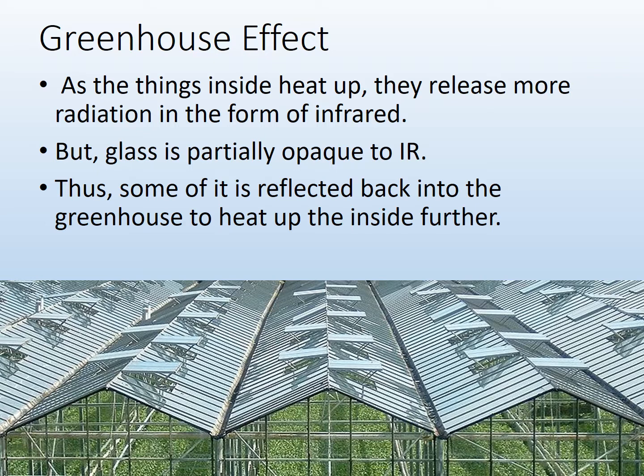As things heat up inside of a greenhouse, they're going to absorb that visible spectrum radiation and then re-radiate that energy in the form of infrared. Now, glass allows visible light to pass through it, but it blocks infrared radiation and reflects it back inside the greenhouse. So visible light gets converted to infrared, heating up the greenhouse.